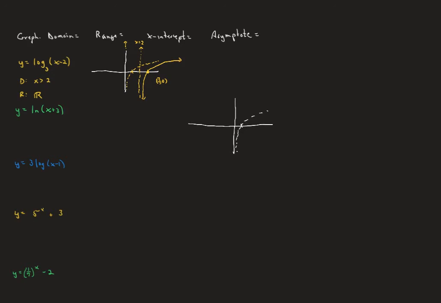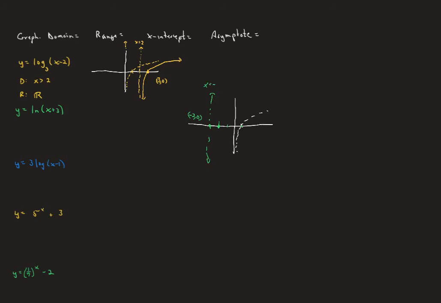Now the translation is going to be 3 to the left, so this important point, the x-intercept, is going to go 1, 2, 3, so it's going to be at negative 2, 0. That asymptote that was at the y-axis is going to get moved 3 to the left as well, and make sure you give that as an equation, not just as a number.